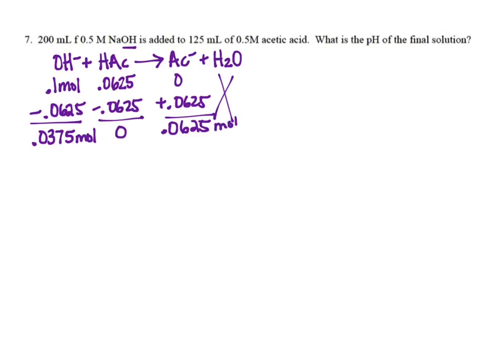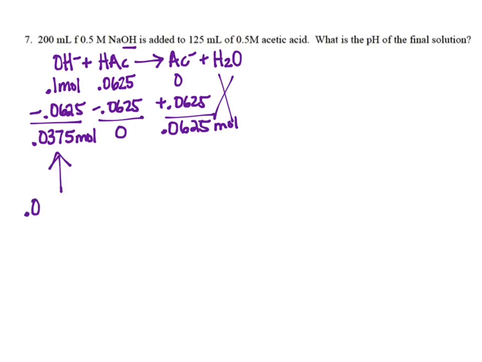All right. So what is left standing after the war? OH and acetate ion, right? So if OH is present at the end, then OH wins the war, which means that is what we need to find our concentration on.